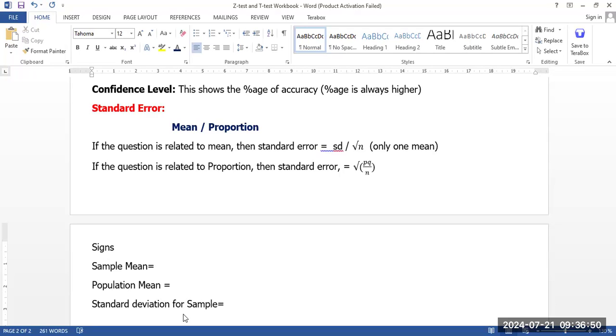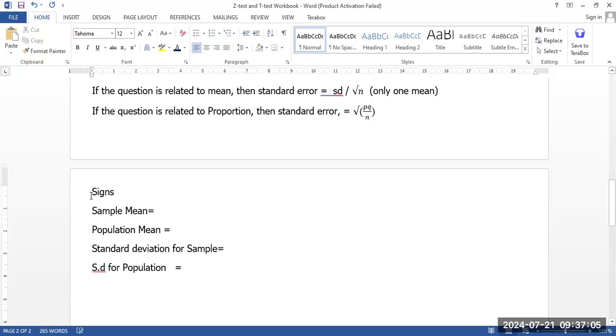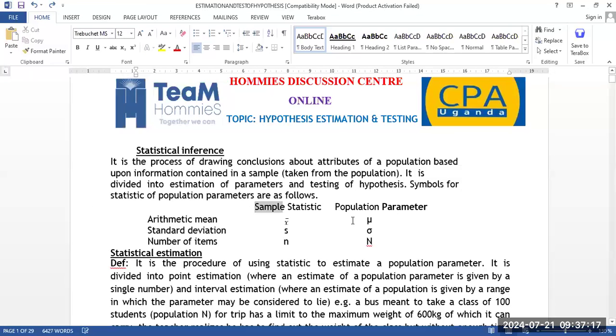If you are talking about standard deviation for population, which sign should you use? And the sign that you should use is actually in your what? In your guide.